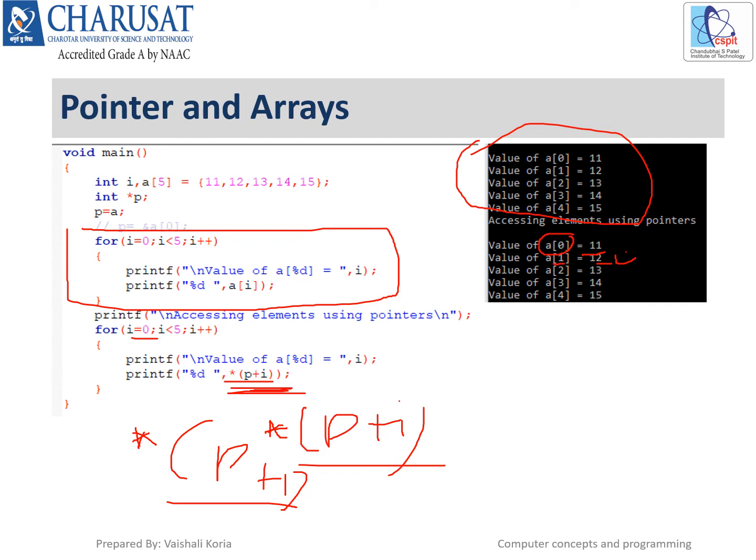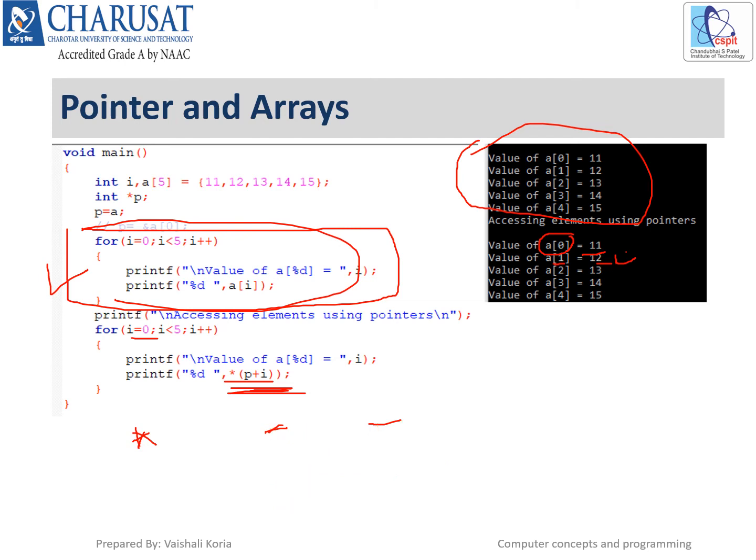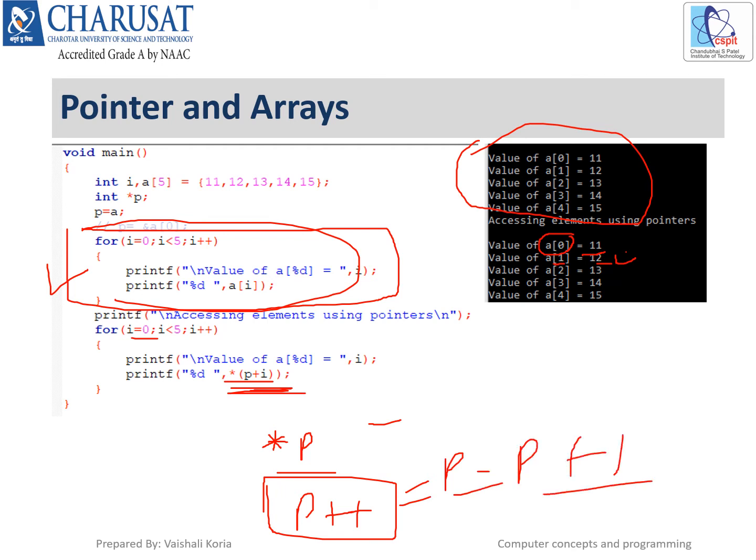So there are three ways we have learned. First is the traditional way that we are using to print the array elements, this one. Another way is to just print the value at the address pointed by p, and after printing the value, you can increment the pointer variable. But this statement will change the value of pointer variable because this is equivalent to p = p + 1.